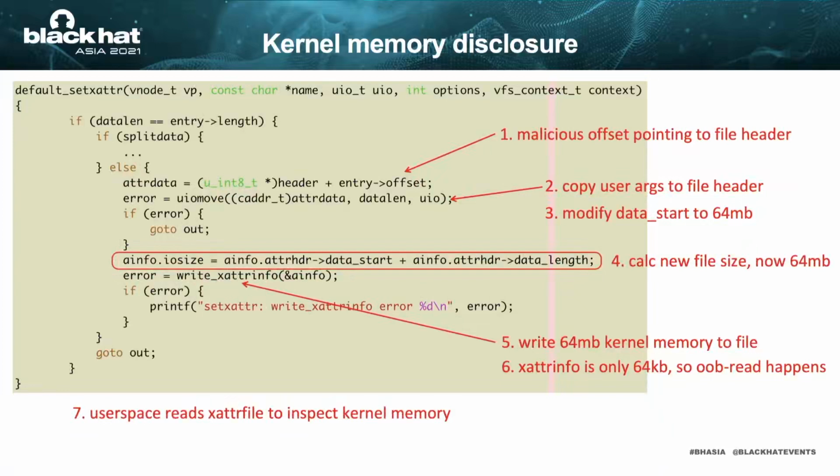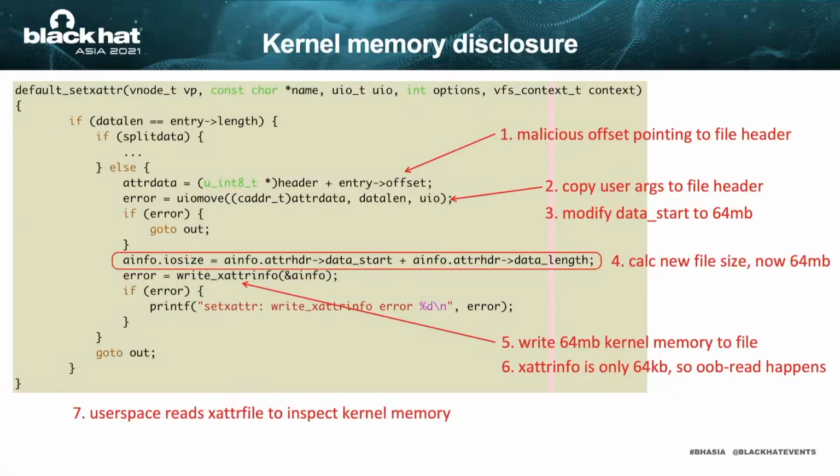Write xattr info will follow our instructions and write the same amount of memory to the file. The problem is, in fact, the AppleDouble file in memory generally only allocates 64 kilobytes of memory. The write file operation is actually equivalent to a memory copy. If we ask to save 64 MB, then the wanted length is greater than the real length, and an out-of-bound read occurs.